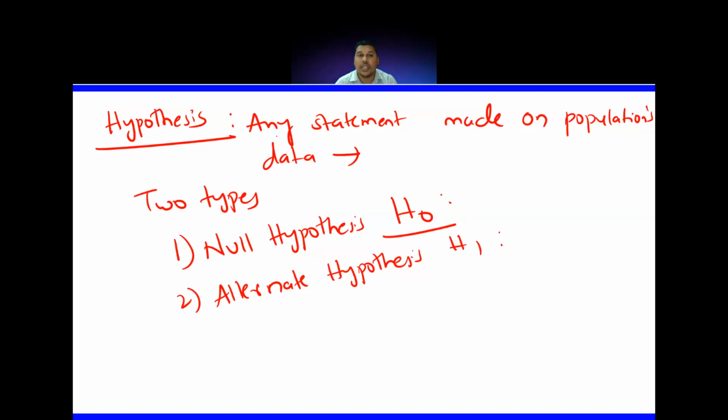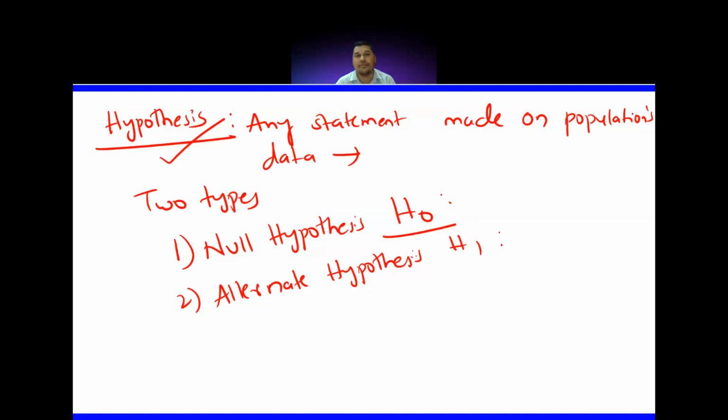What is the null hypothesis? Okay, now see, you are making a statement, right? I am saying a hypothesis is nothing but making a statement about the population's data. What is the null hypothesis? Whatever statement you made about the population's data, it is true until proven false. The null hypothesis is a statement made on the population's data and it is assumed to be true until it is proven false.